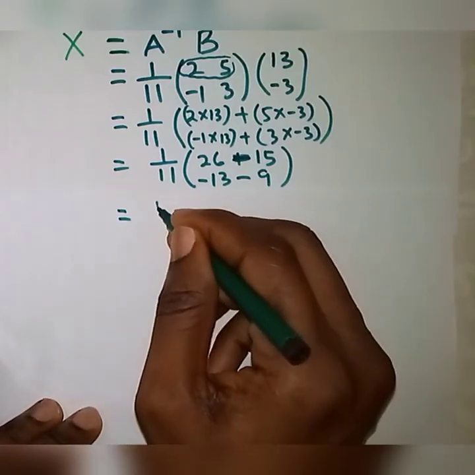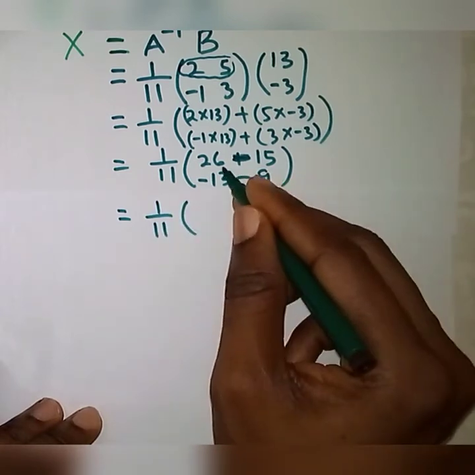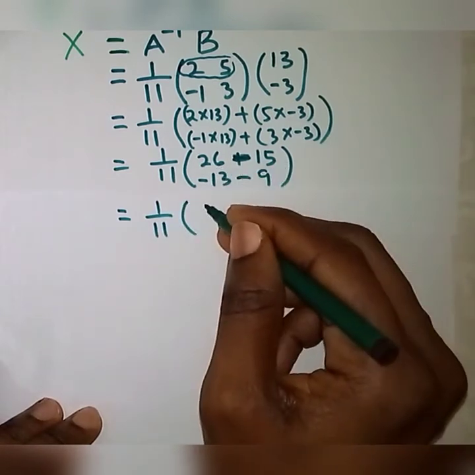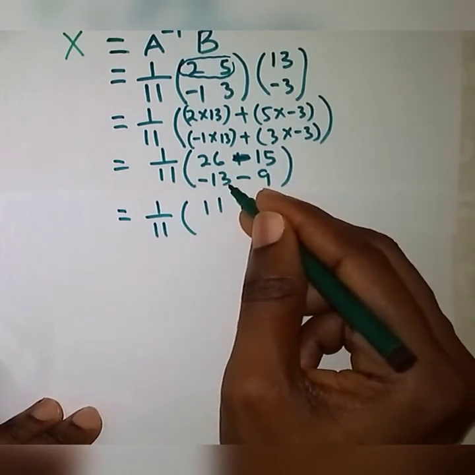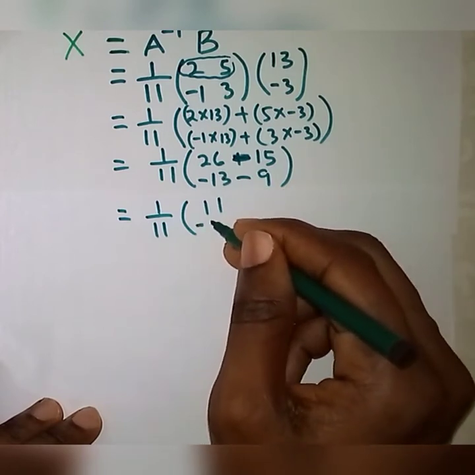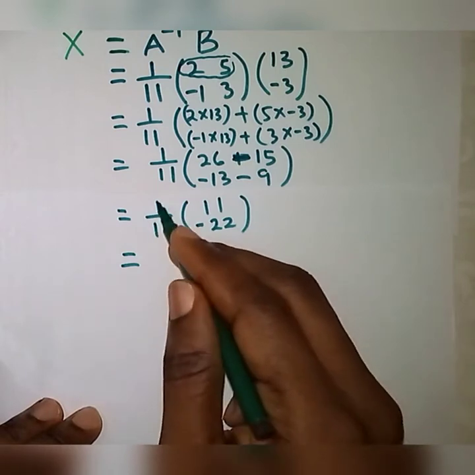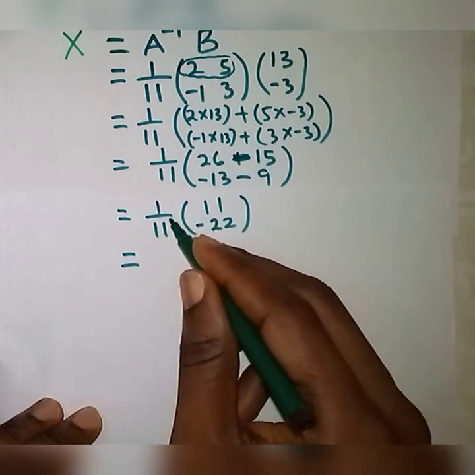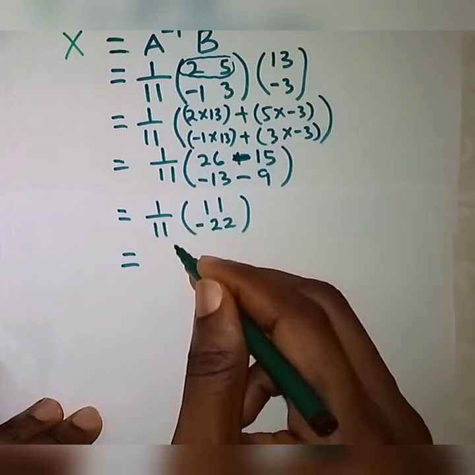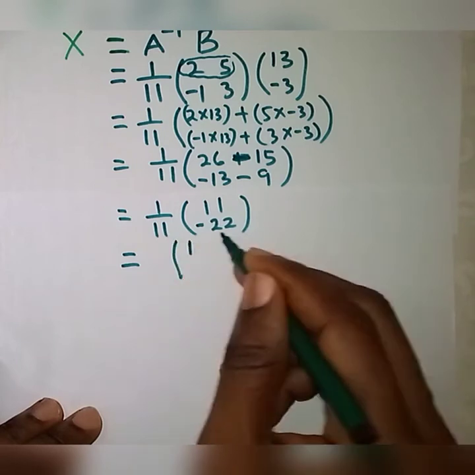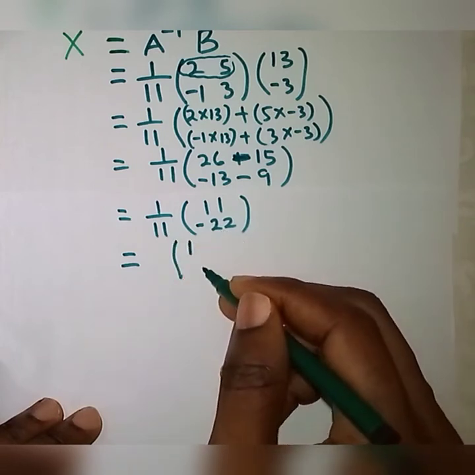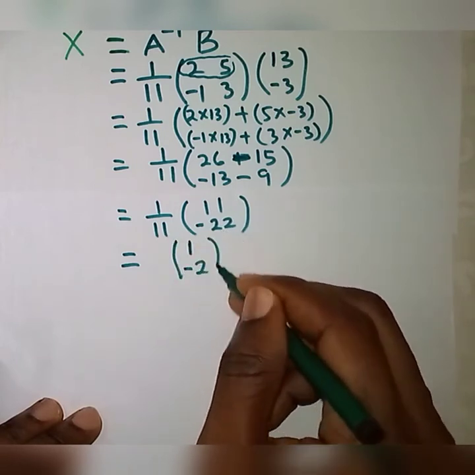And this gives 1 over 11. 26 minus 15 is 11, and minus 13 minus 9 is minus 22. So 1 over 11 times what we have here: 1 over 11 times 11 gives us 1, and 1 over 11 times minus 22 gives minus 2.